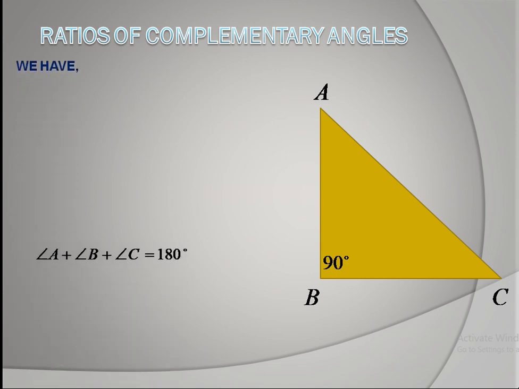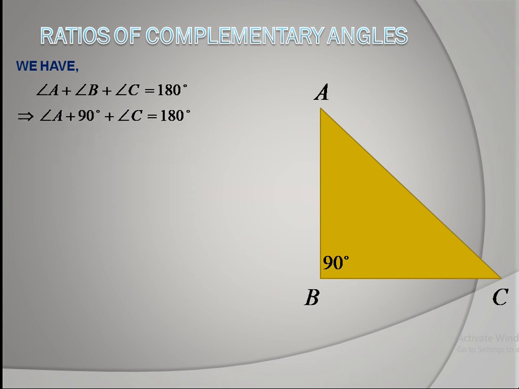Now we have by angle sum property angle A plus angle B plus angle C is equal to 180 degrees, because we know that the sum of the three angles of a triangle is 180 degrees. This implies angle A plus 90 degrees plus angle C is equal to 180 degrees, because here angle B is 90 degrees. This implies angle A plus angle C is equal to 90 degrees.